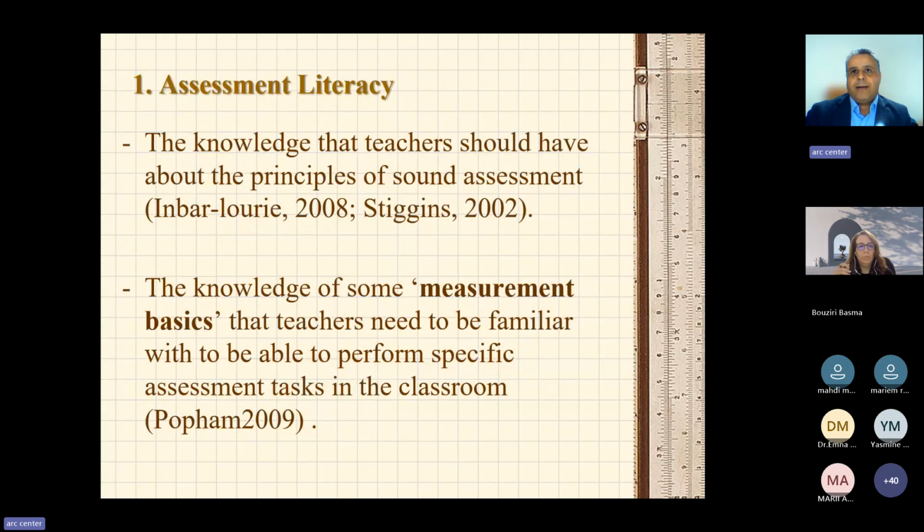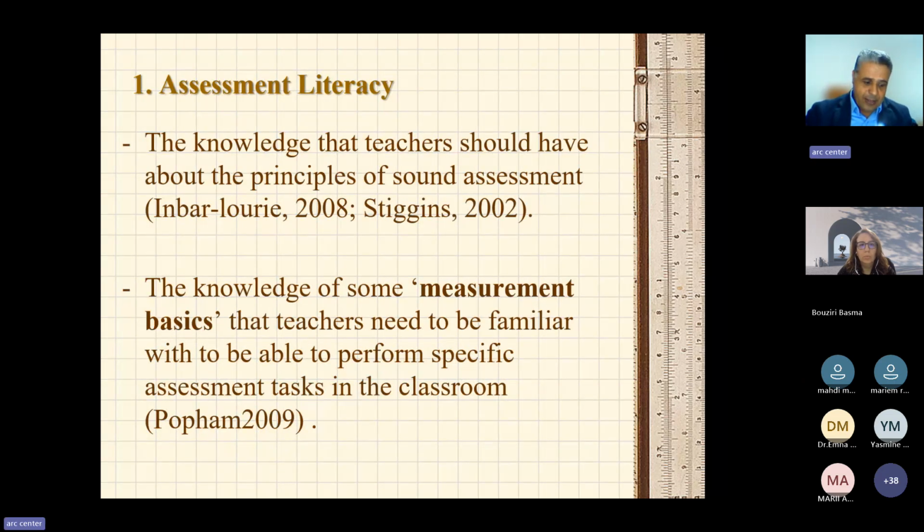But all of them came with the idea that in addition to the knowledge of language, for language teachers and teachers in general, they should have what we call assessment literacy, a knowledge about assessment. In this kind of knowledge, we can include what we call test construction, which is only one component among the 7 components of assessment literacy that we'll see later on.